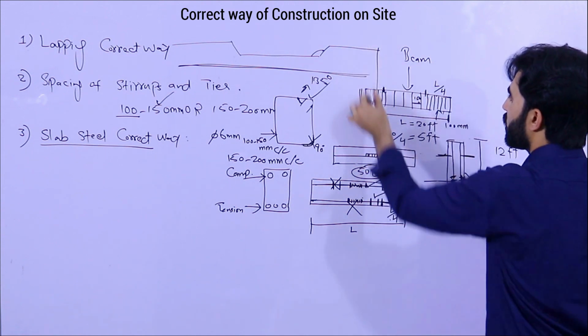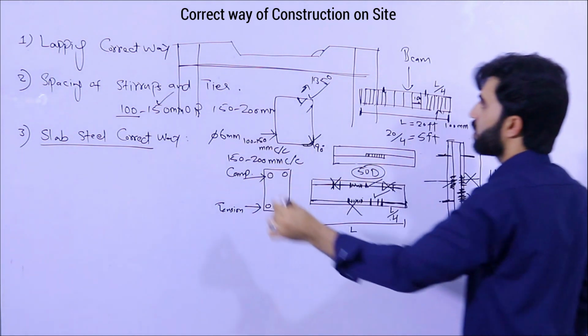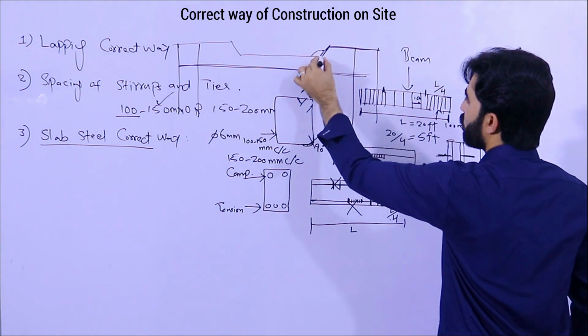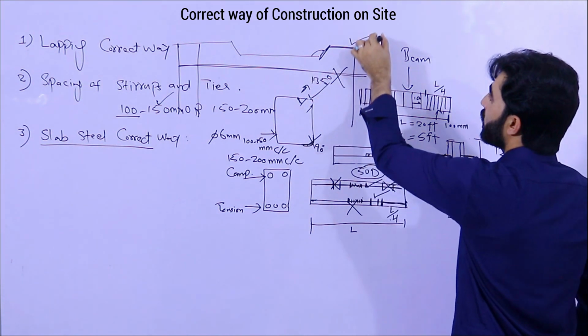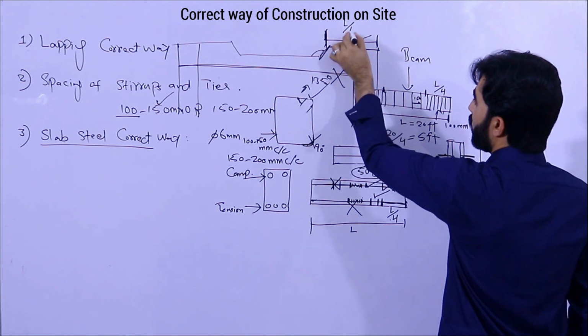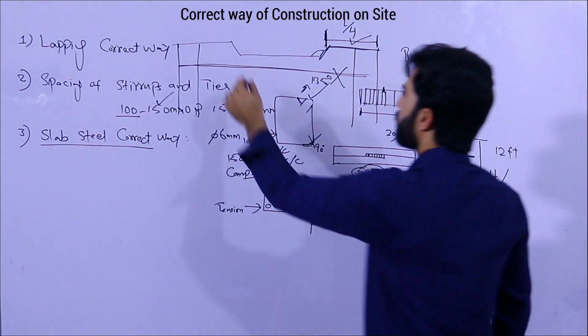Here, guys, you can see this is the support, meaning the column. Therefore, we bend the bar or crank the bar to resist shear stresses, not like this. So this is wrong, but this is okay. So what should be the distance of this length? Again, this is L by 4, as I told you here.